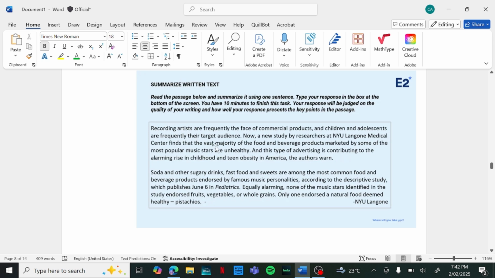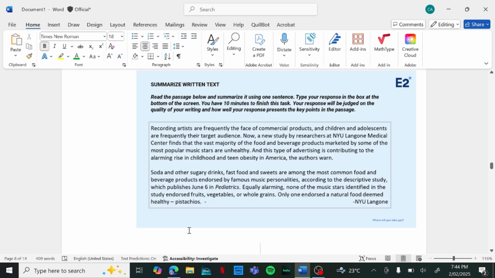It was in a study that was carried out by NYU. This type of advertising has contributed to the alarming rate in childhood and teen obesity in America. The authors won. Who are the authors? The authors of the study that was carried out at NYU Langone Medical Center. Now, they mentioned childhood and teen obesity here. Notice how they mention children and adolescents here. So they are basically talking about the same thing.